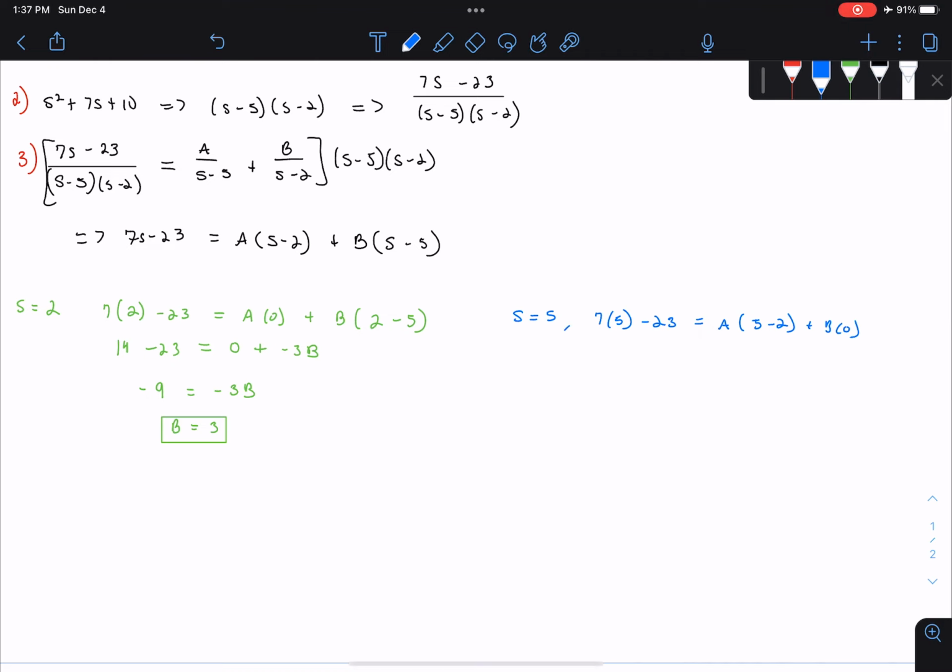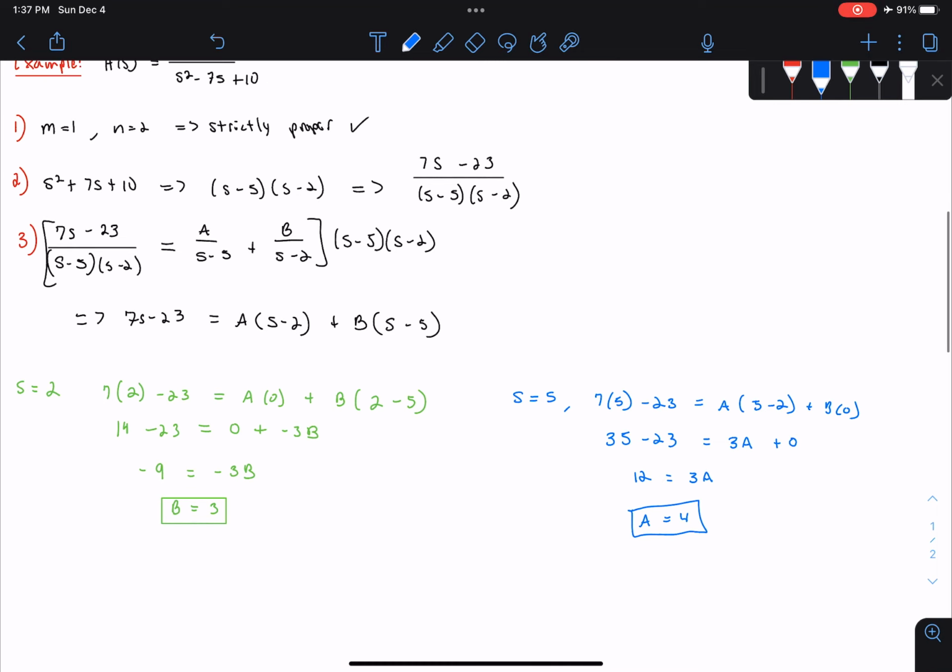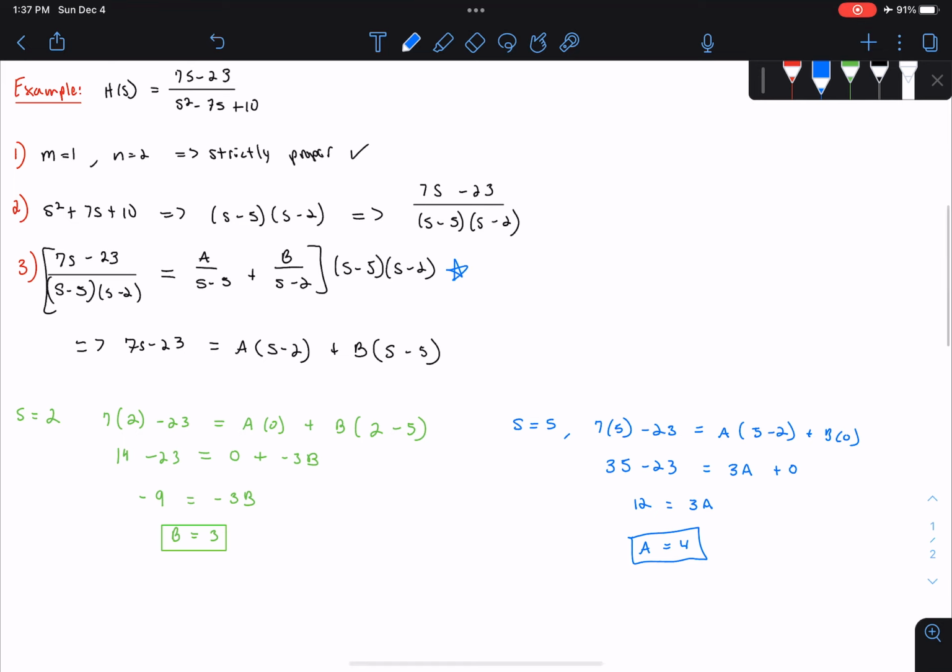So then we have 35 minus 23 is equal to 3A plus 0. And simplifying, we have 12 is equal to 3A, and A is equal to 4. So now we just substitute this back into this equation, and then we can do the inverse Laplace.